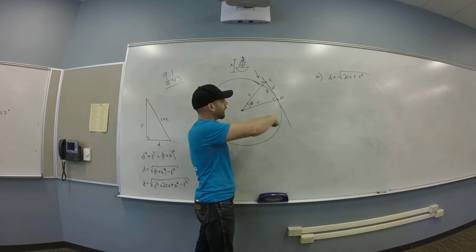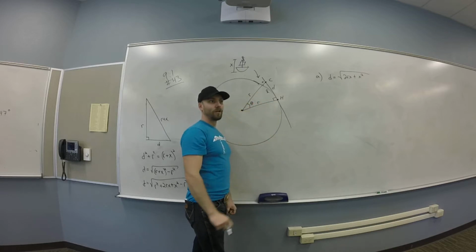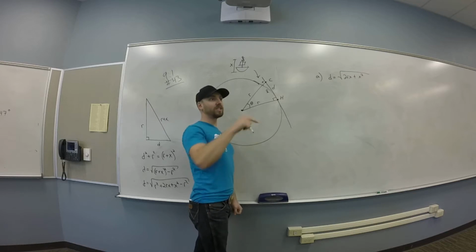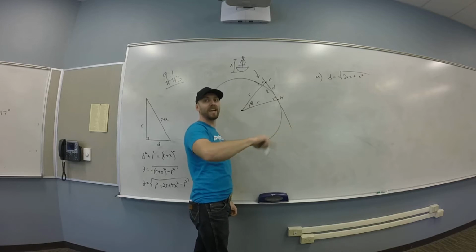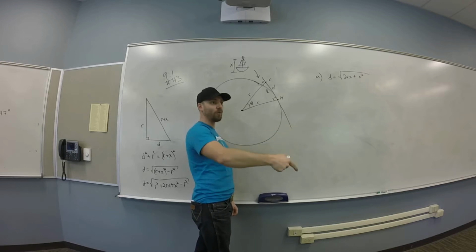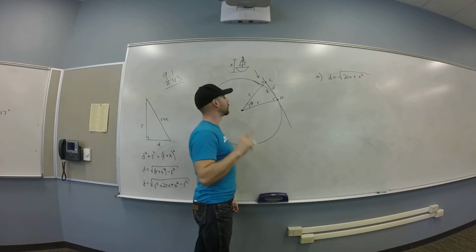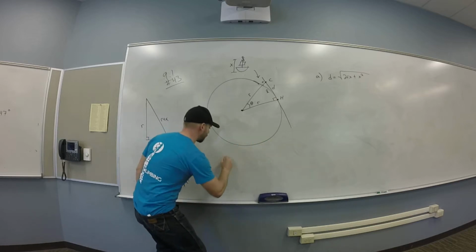But there's a formula for L, which is how far you'd have to walk. So d is the distance you can see, and L is the distance you'd have to actually go to get there. L is an arc.